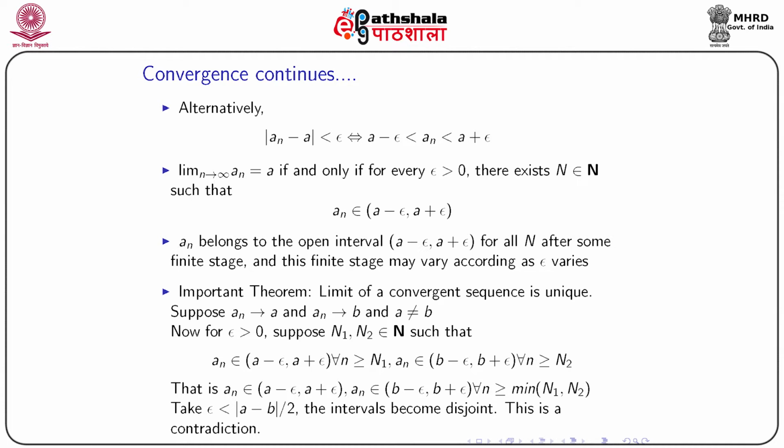So if I take capital N as 1 over epsilon plus 1, now n is an integer. To make it an integer, I am using the box function. So box of 1 over epsilon, that means the greatest integer contained in 1 over epsilon, plus 1. So this is the N for which the limit goes to 0.